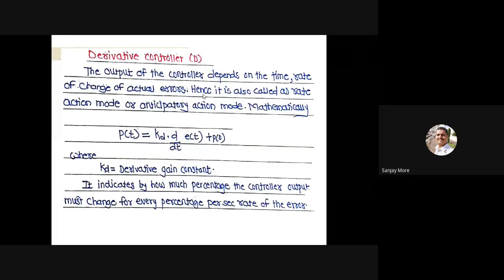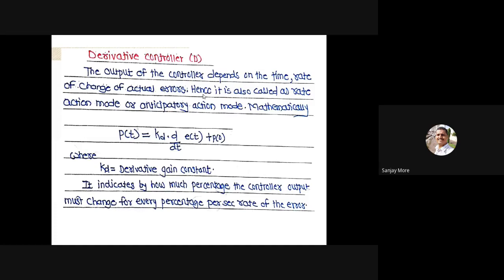Then the third one is the derivative controller. The derivative controller depends on the rate of change of actuating error. It is also called rate action mode or anticipatory action mode. Mathematically, Kd means derivative gain constant, Ki means integral gain constant, and Kp means proportional gain constant. So P(t) is equal to Kd into d/dt of e(t) plus P0.